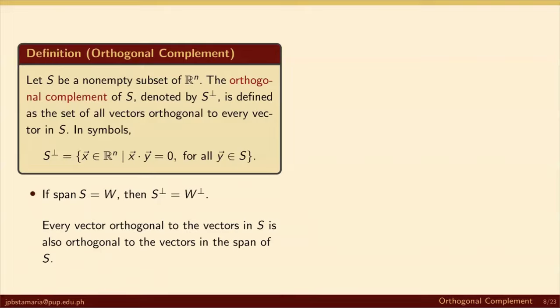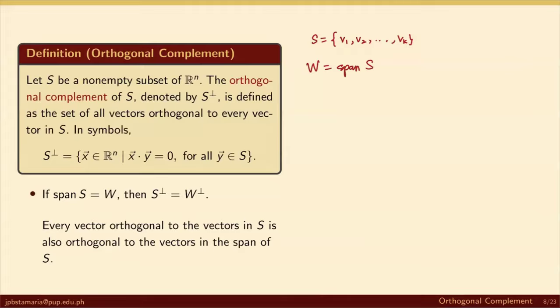Why? Let's say, for example, S contains V1 up to Vk, so that W is the span of S. So W is maybe k-dimensional or less, depending on the linear independence of these vectors, but definitely whatever the span is, it's going to be a subspace.